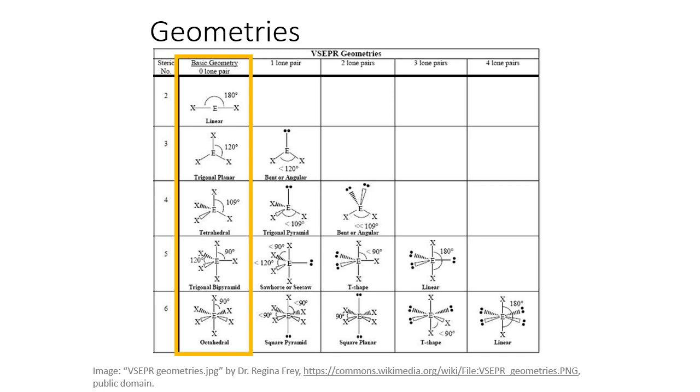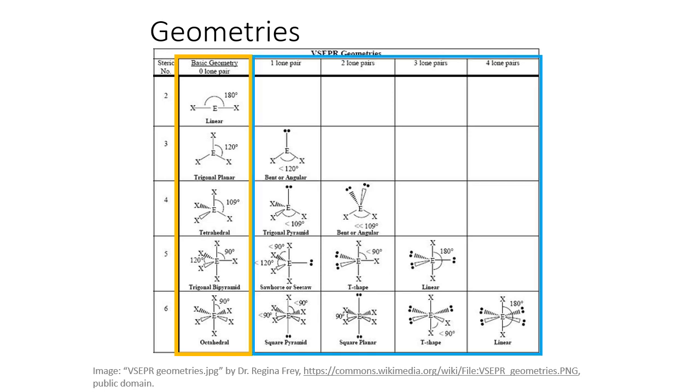Now, these basic geometries are how you spread out the electrons as much as is possible. If, however, you have some non-bonding domains or you have something that doesn't quite match up, you get into these geometries, or you get into a distortion of the basic geometry. We'll talk more about that later.